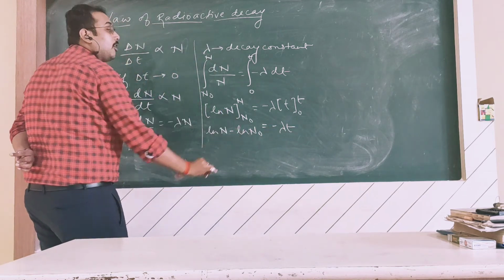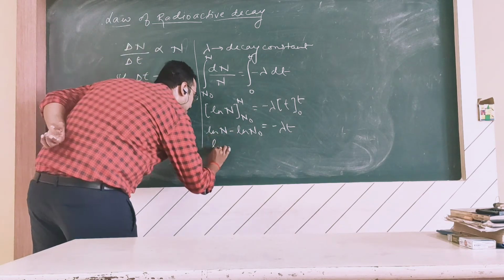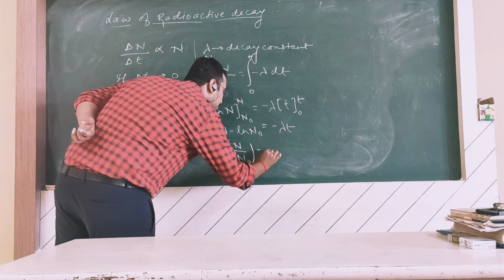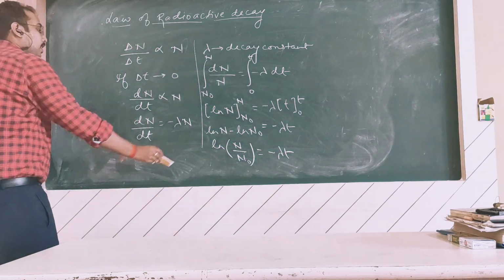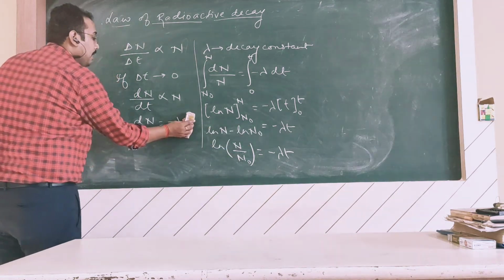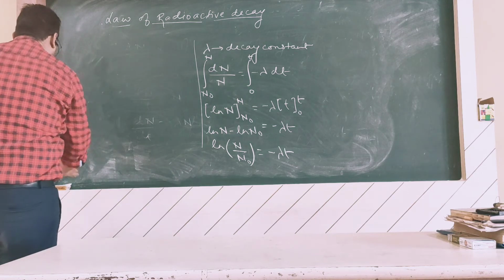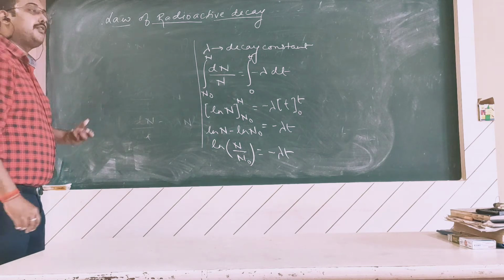If you remember the property of the log, log b minus log a is log b upon a. So log n upon n0 is equal to minus lambda t. Another property of the log: if log is taken to the other side, it becomes an exponential function.